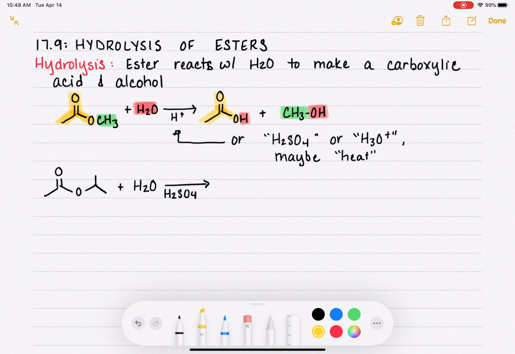I would recommend you start with the ester, and you start with the carbon-oxygen double bond and the carbon-oxygen single bond. That's going to be your first place to start. And whatever is on the other side of the carbon-oxygen double bond, that's going to stay with the ester. So that's one portion of the molecule. The other portion is this right here.